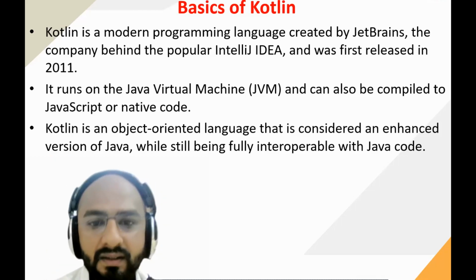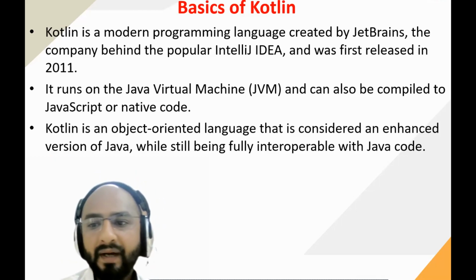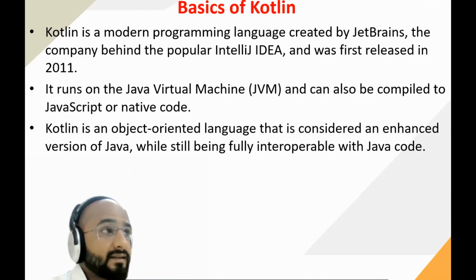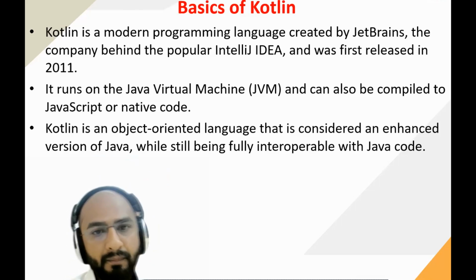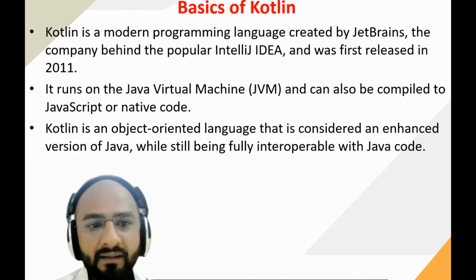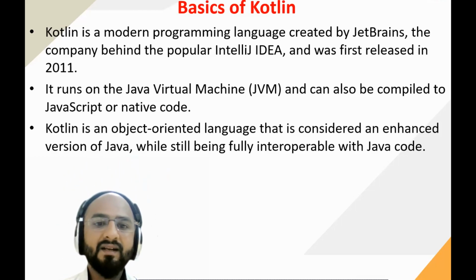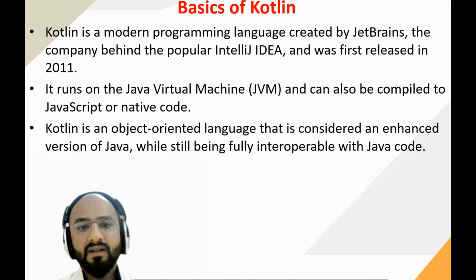It runs on the JVM and can also be compiled to JavaScript or native code. The second point is very important to understand here, my friends. Kotlin basically runs on the Java JVM, right? There is a virtual machine named JVM in Java.